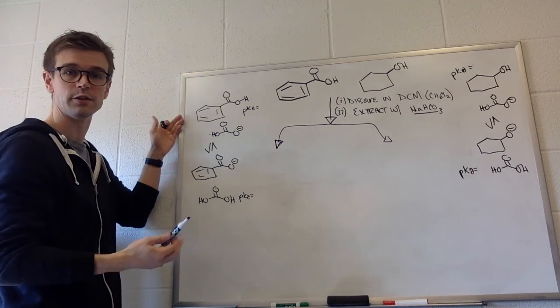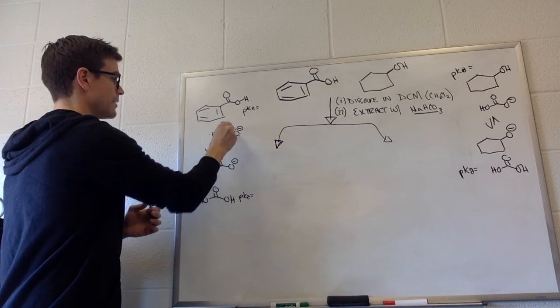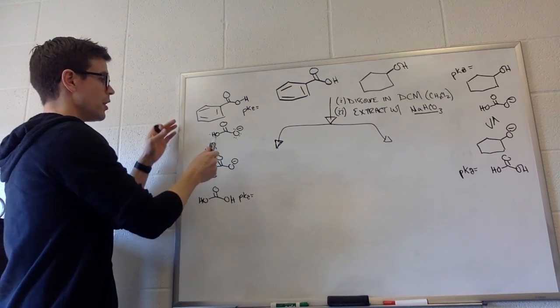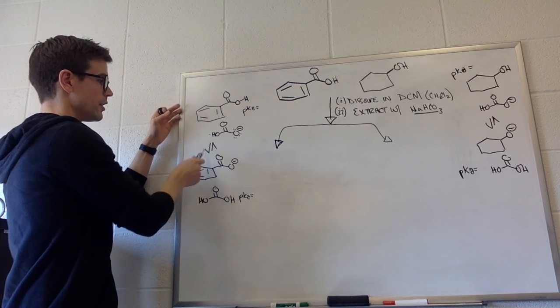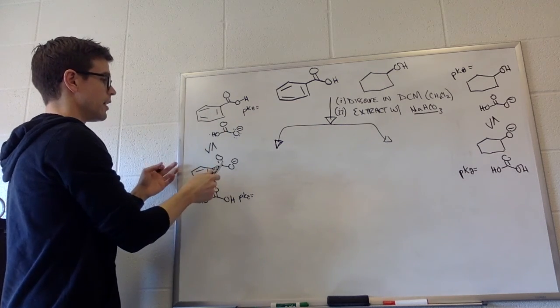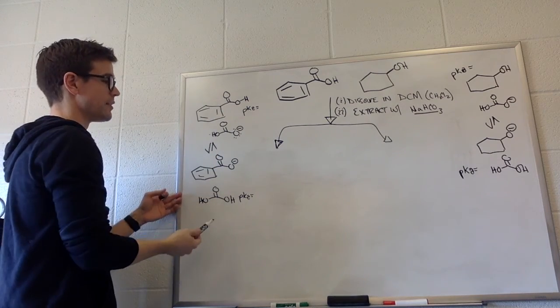And what do bases do? They take their electrons and they deprotonate acids. So what do we have here? We have a carboxylic acid. On this side of the equilibrium arrows, we have the acid, and the base deprotonated that acid to form this conjugate acid on the other side.